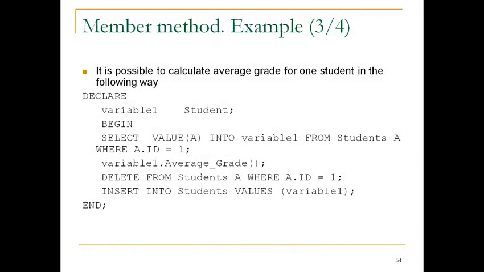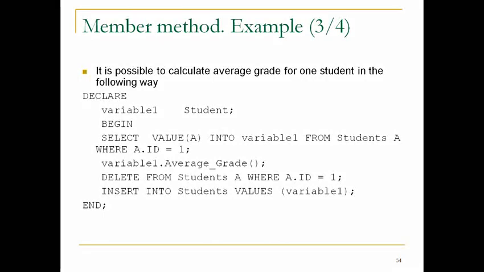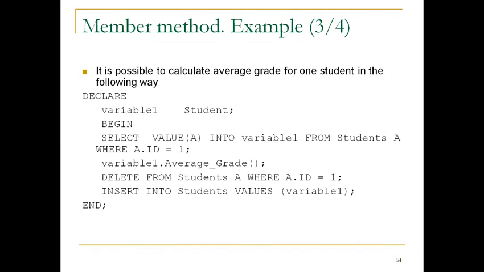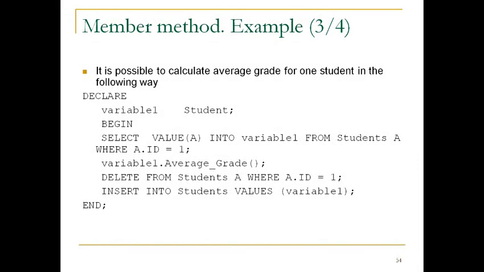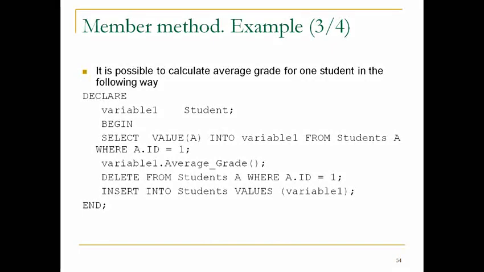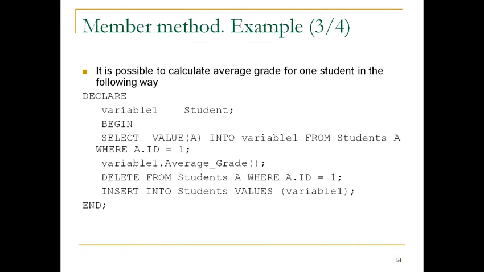And how can we, for example, calculate the average grade of one student? We can write a very, very simple procedure: declare variable 1 of type student and begin. We select one student whose ID is 1. We select it as an object.